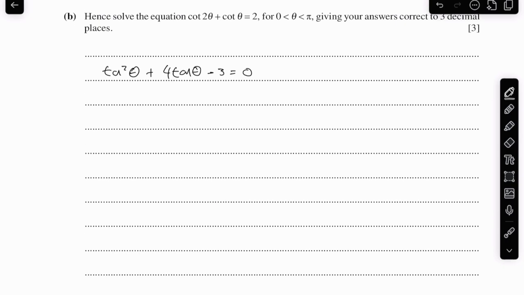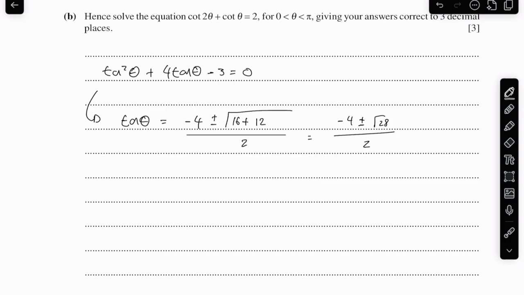We can say tan theta is equal to minus 4 plus or minus root of 16 plus 12, over 2, and that's if we apply our quadratic formula. So we applied the quadratic formula and we've gotten this. Therefore, we get negative 4 plus or minus root 28 over 2. Perfect.